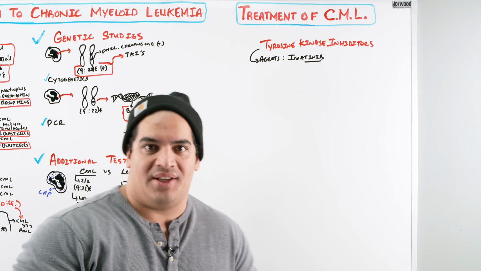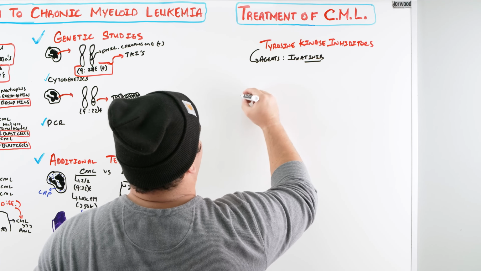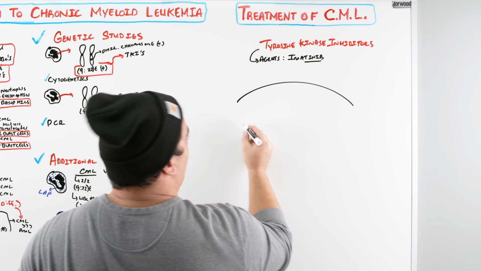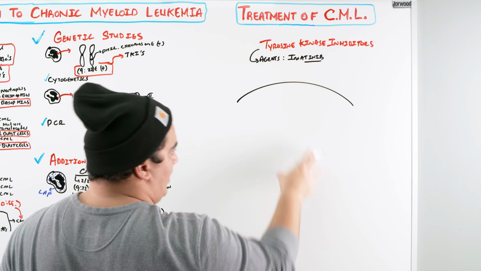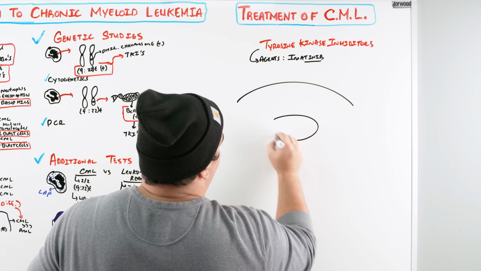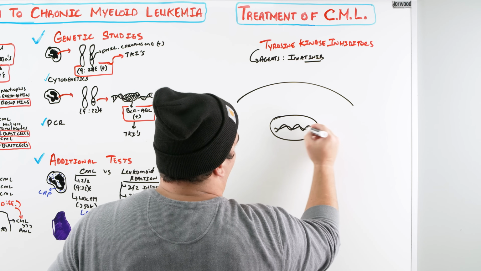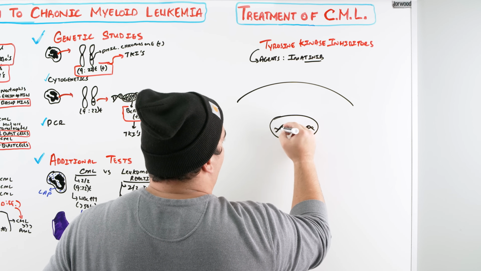So really, what do these things do? Well, let's zoom in on one of these neutrophils or myeloid stem cells. Here is your genetic material inside. We're just zooming in on the cell membrane and the nucleus component here.